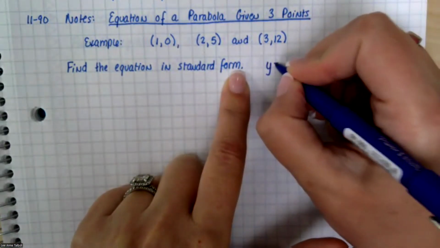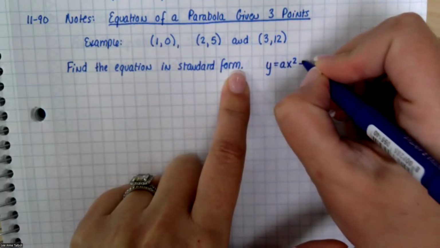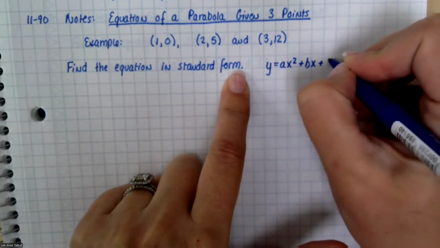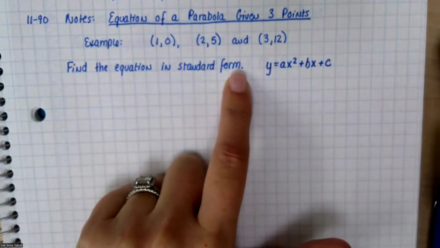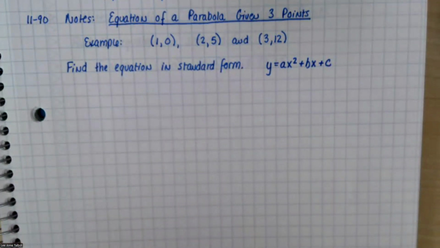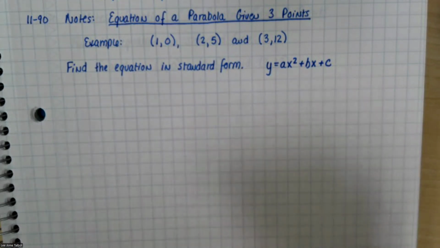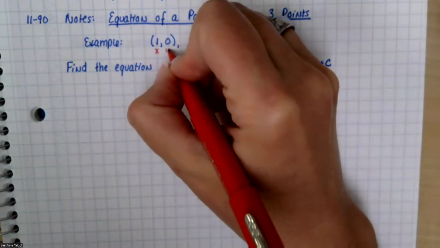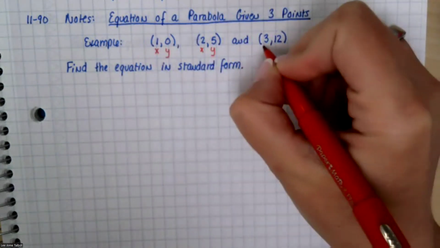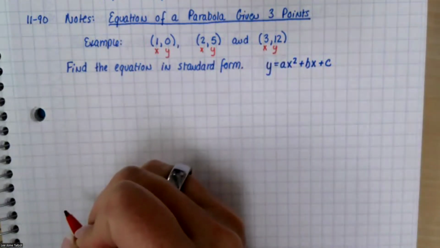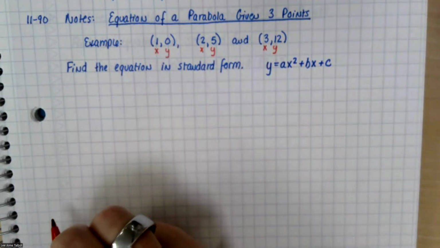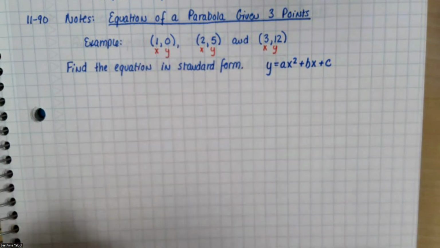So I'm going to say y equals ax squared plus bx plus c. And I'm going to label all of my coordinates as XY coordinates.